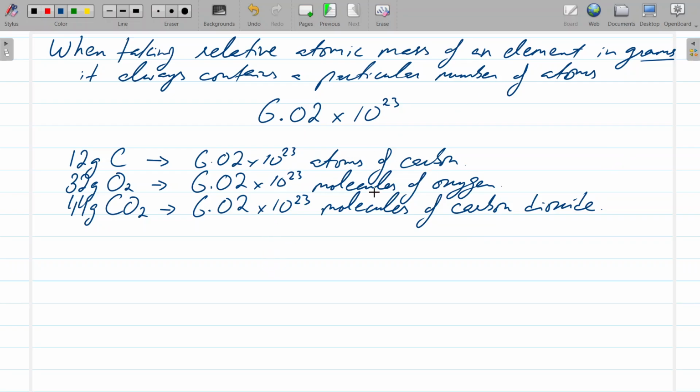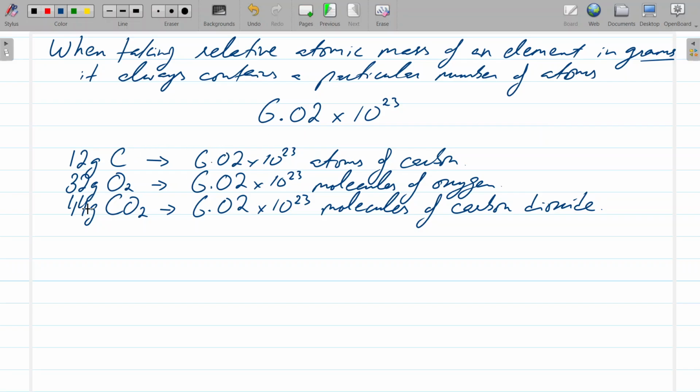And so what he discovered through his observations and experiments is that when taking the relative atomic mass, so 12 atomic mass units of carbon, one carbon atom is 12 atomic mass units. So if you take 12 grams of carbon, you convert that relative atomic mass into actual mass in grams.